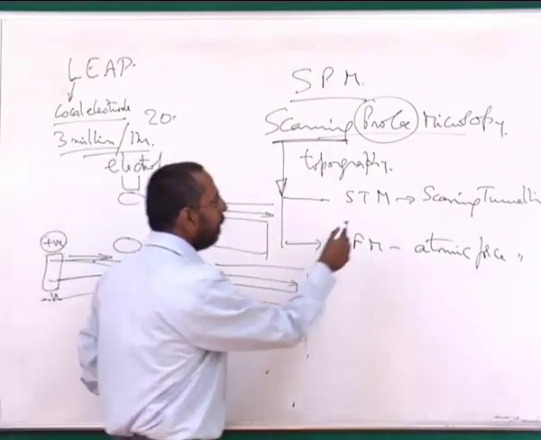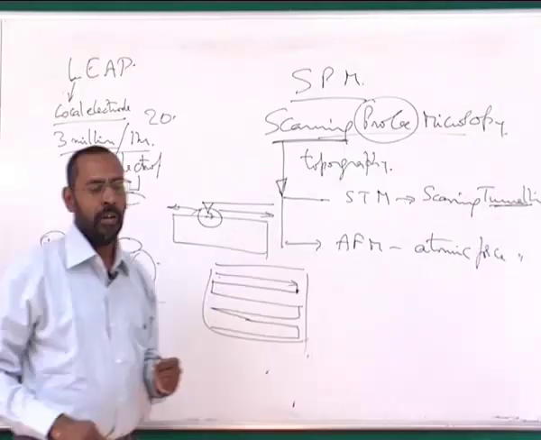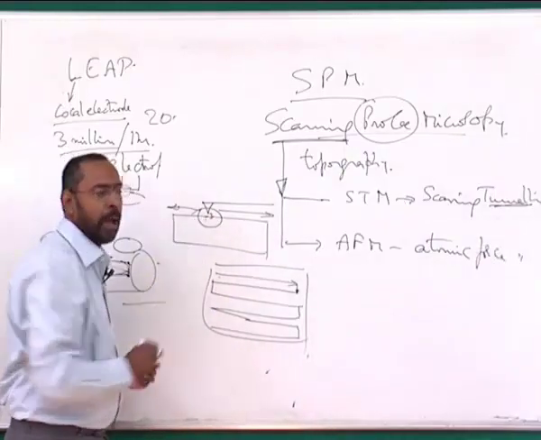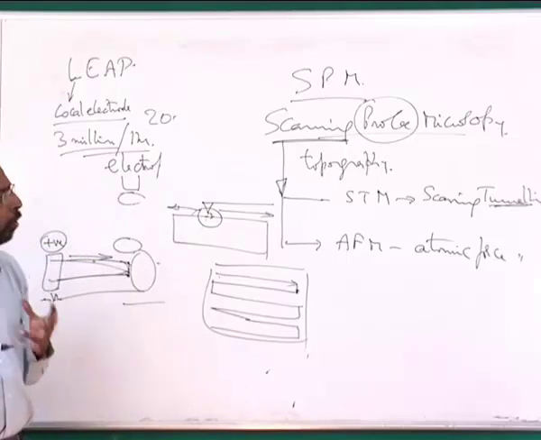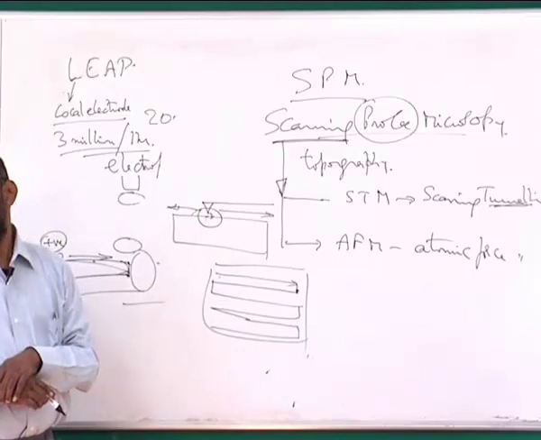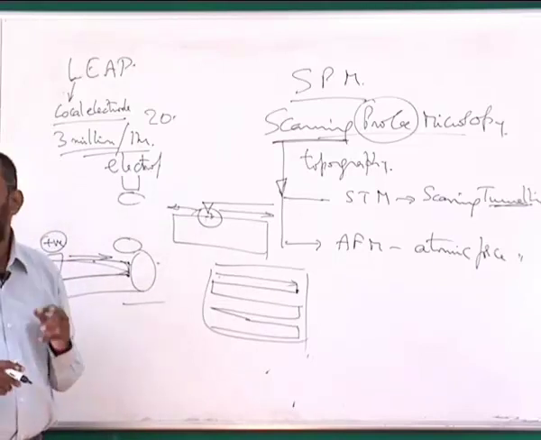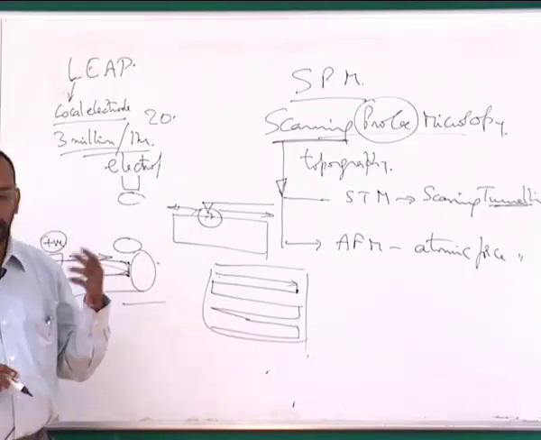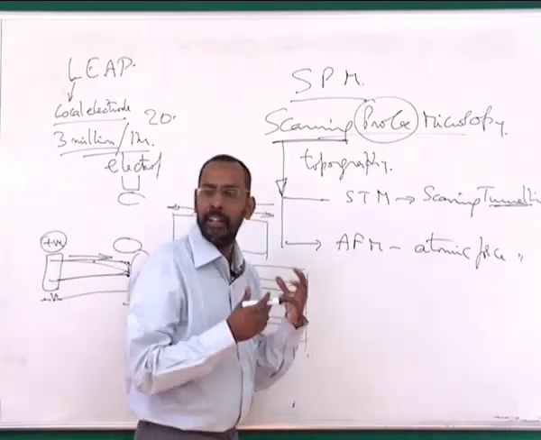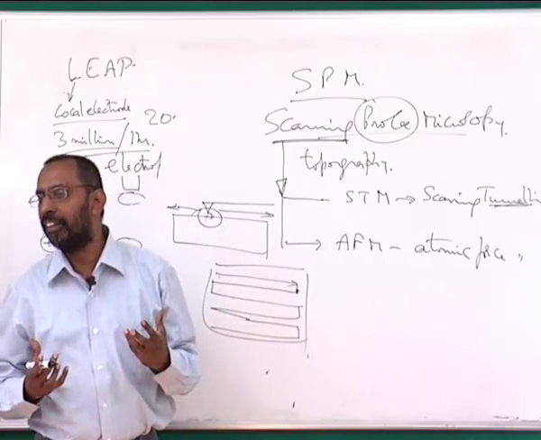And one of them uses the principle of tunneling. What is this tunneling? We know that whenever two conducting samples come very close to each other, the electrons tunnel through. In fact, this is one of the major problems that people talk about nowadays with the new electronics, where we are trying to increase the density of transistors in a small region.